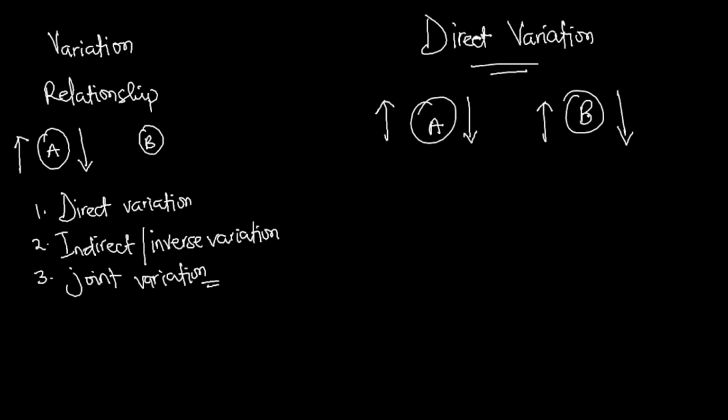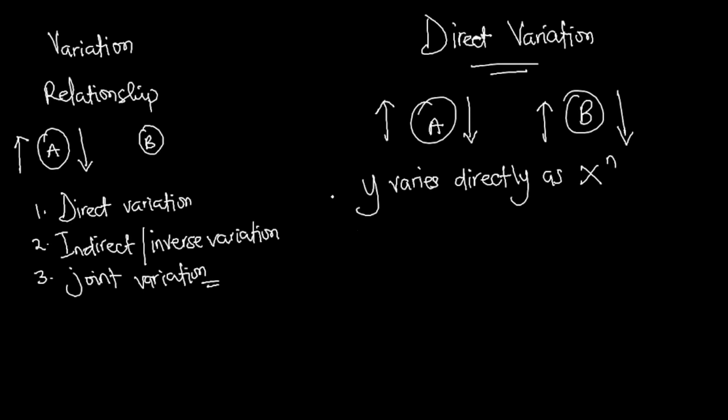Now let's look at how to represent direct variation mathematically so that you will be able to apply it in solving practical questions or practical examples in real life. Assuming we have the statement y is directly proportional to, or y varies directly as, x raised to the power n.